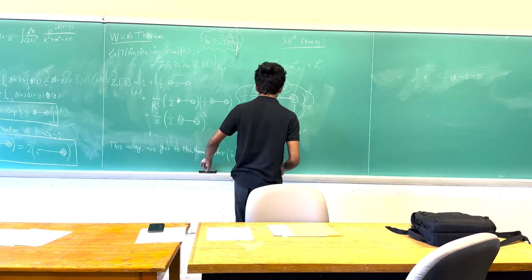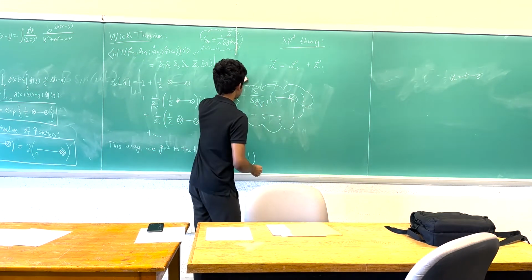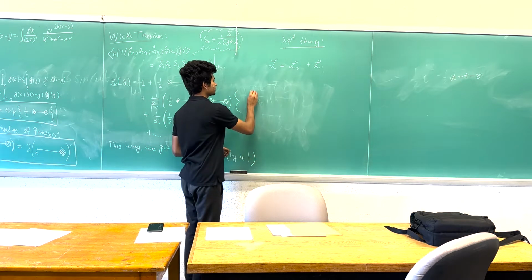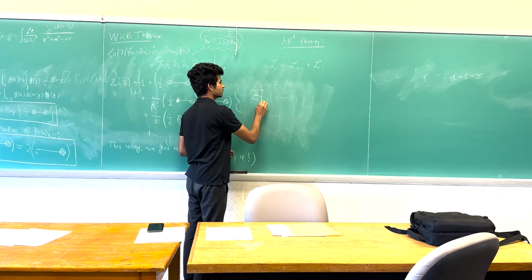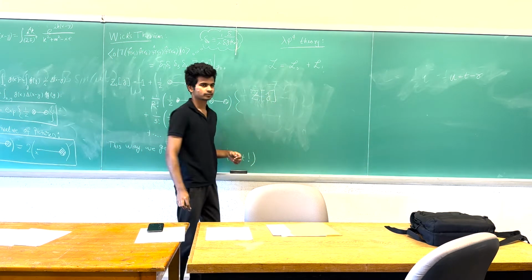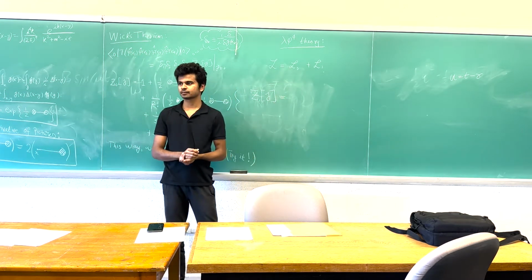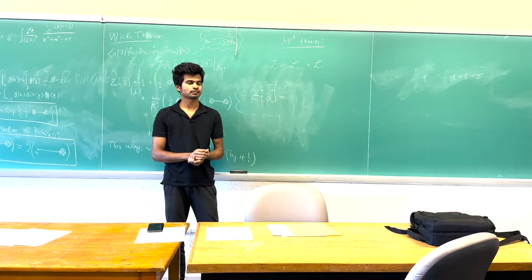But before that, let's do it generally. What we want to compute is a partition function. Right? What's the definition of this? How do you compute this? Somebody say something.